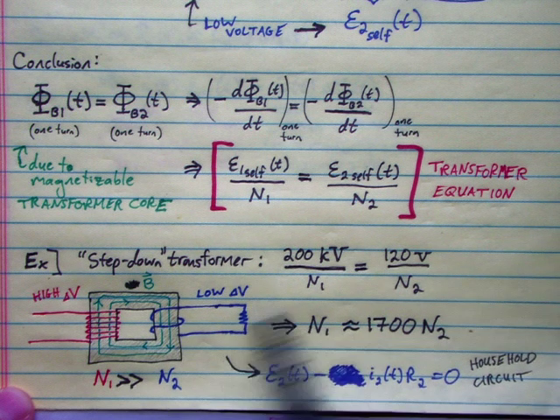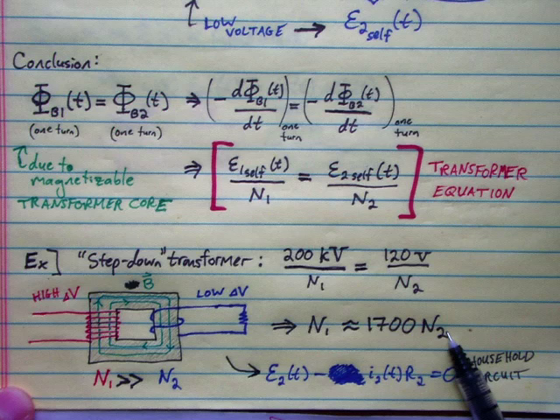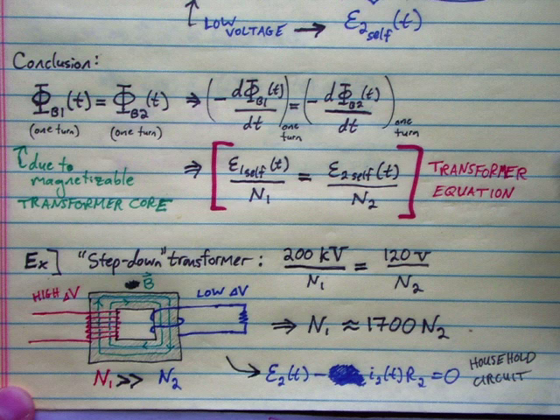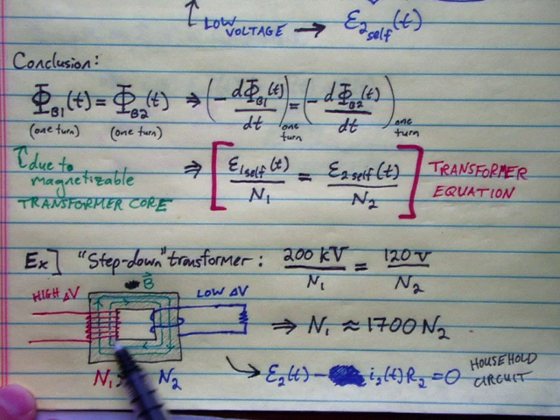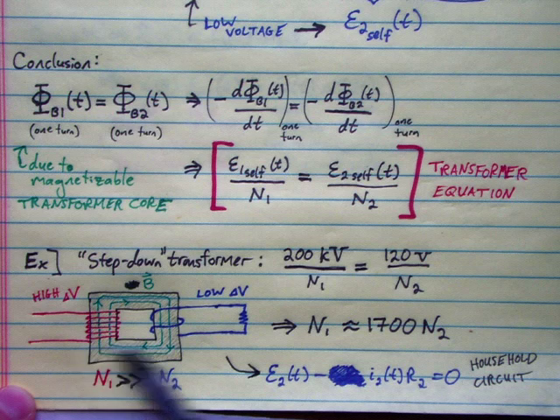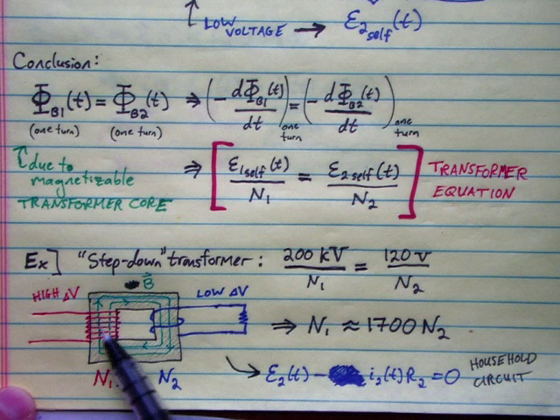If the number of turns here is about 1,700 times the number of turns there, then we'll achieve this step down in voltage. So this device must have 1,700 times as many turns in this coil as it does in this coil. I've exaggerated the number of turns here. The point is that this is very few turns compared to this one here, many, many more turns.